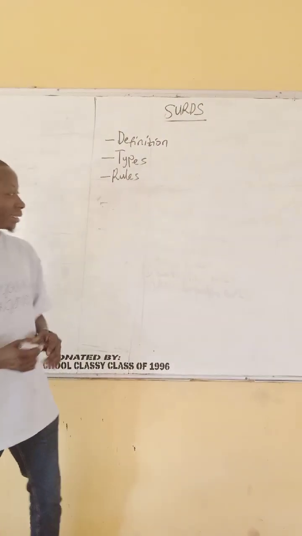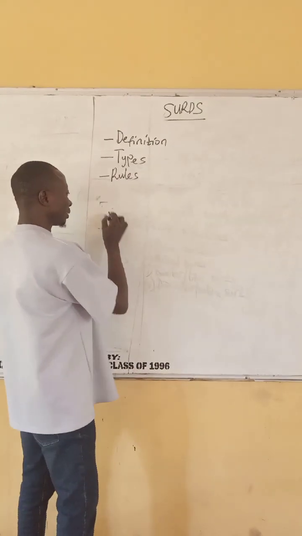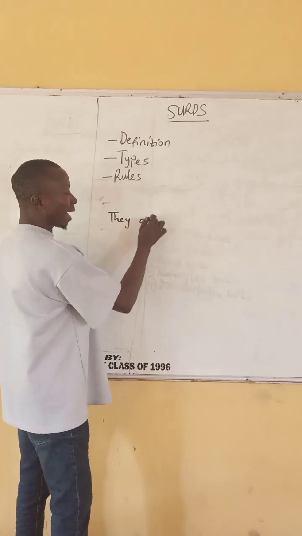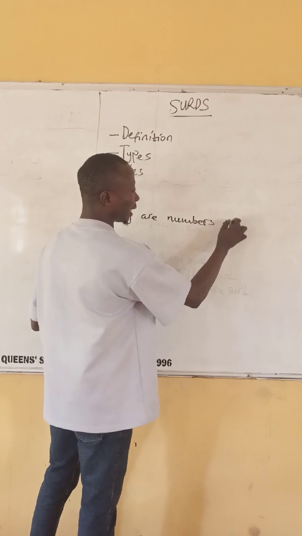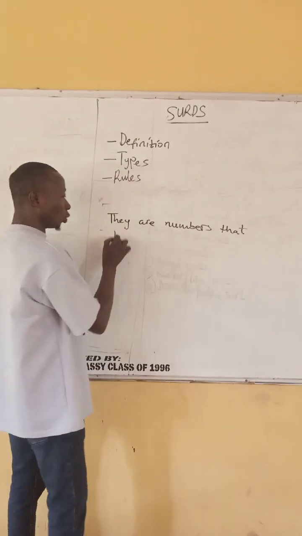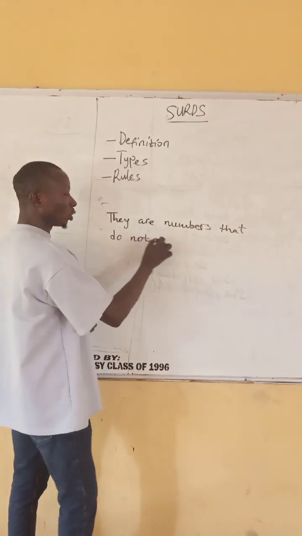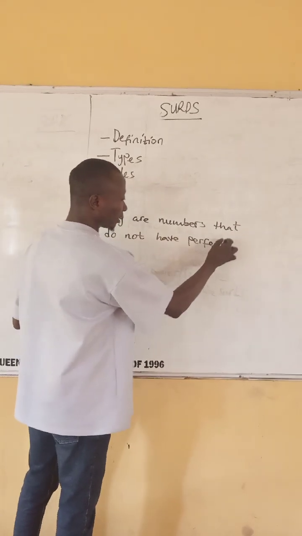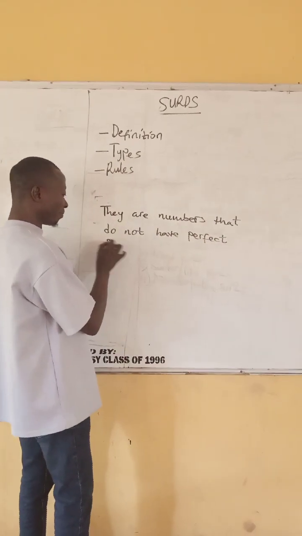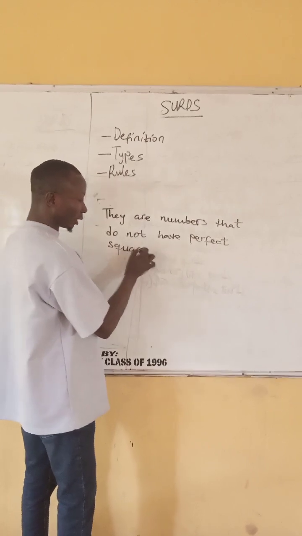Surds are numbers. They are numbers that do not have perfect squares.